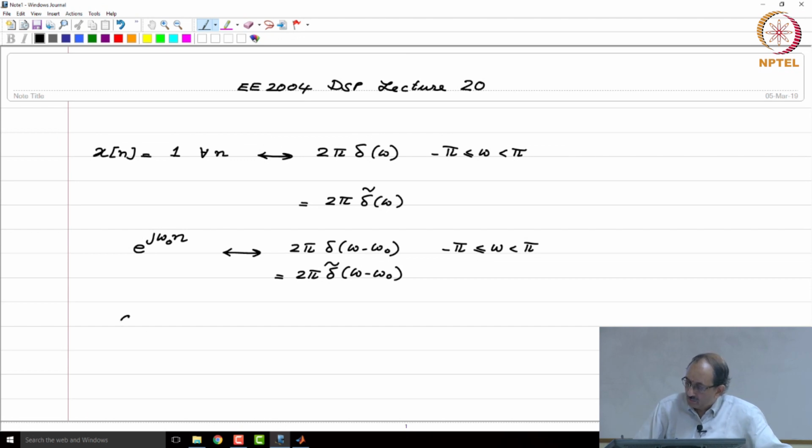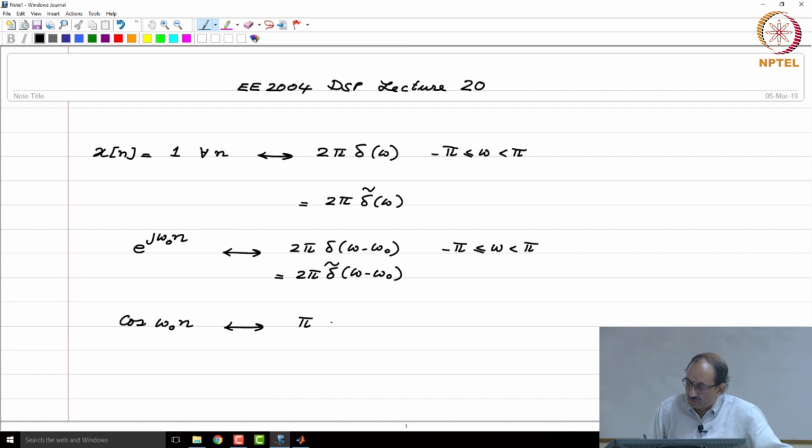And we had already seen the result here when we were looking at time shift, and when we were pointing out how the phase shift introduced in the transform domain for the DTFT can be viewed as a rotation in the complex plane. In that context, we had seen this, and now we are actually formally deriving this relationship.